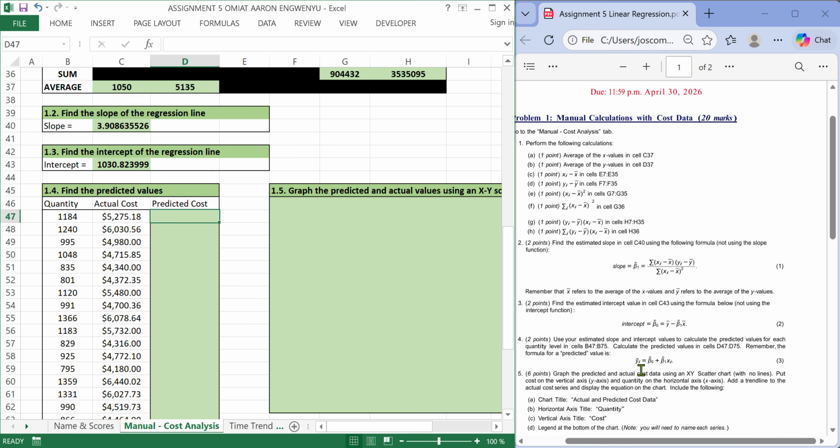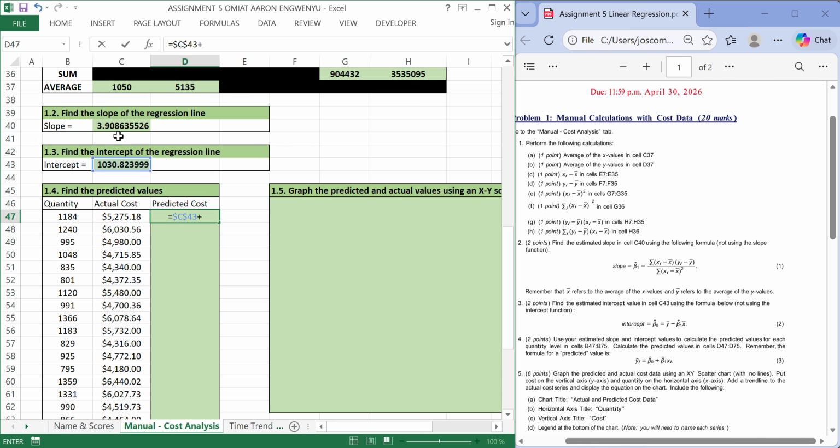So remember we are finding the y bar. This is not y bar, notice this. We are finding the predicted cost, and you see that symbol meaning predicted. So we shall say equals, we got our b naught being the intercept, and we are going to make that absolute. You can just simply press F4 to make it absolute. That is done. So we want it to be fixed on that, plus our b1.